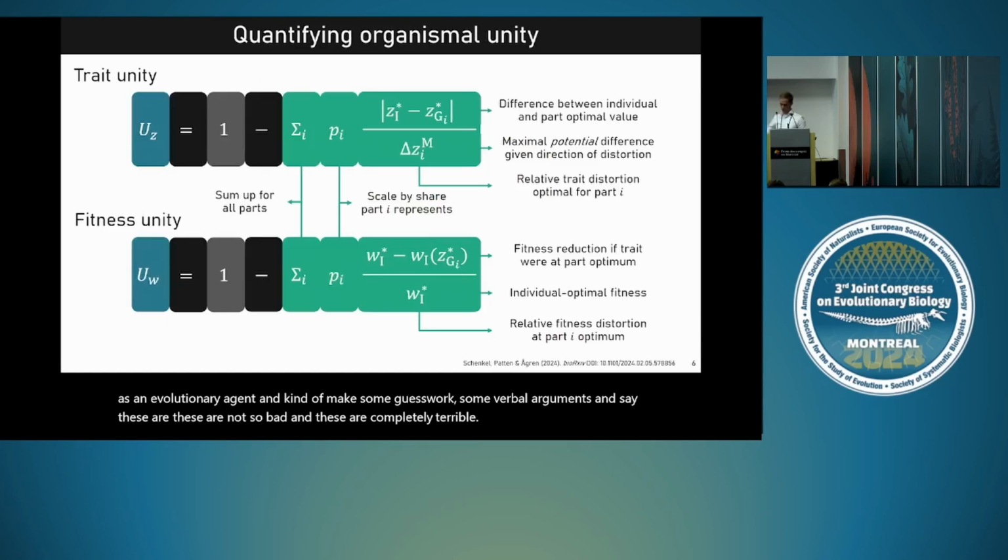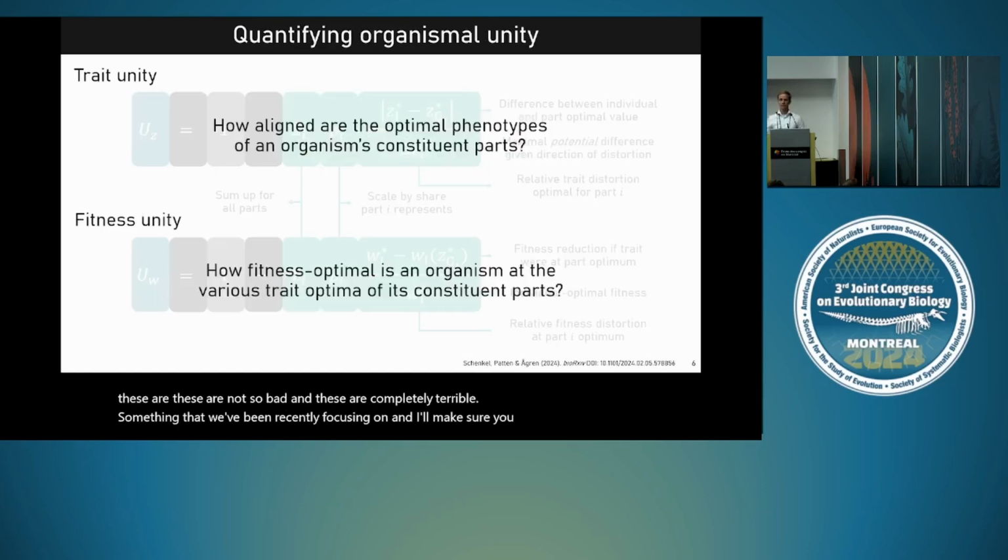Something that we've been recently focusing on, and I'll make sure you don't focus on the math, is coming up with a way to think about quantifying these arguments in a more rigorous way. This is some recent work that we're now refining in response to some very helpful criticisms in peer review. So we developed two metrics, which we dubbed trait unity and fitness unity. The first of which, trait unity, focuses on the alignment of these different parts, these different cells or genes in an organism, and asks how aligned are the optima that these genes or cells may have relative to each other.